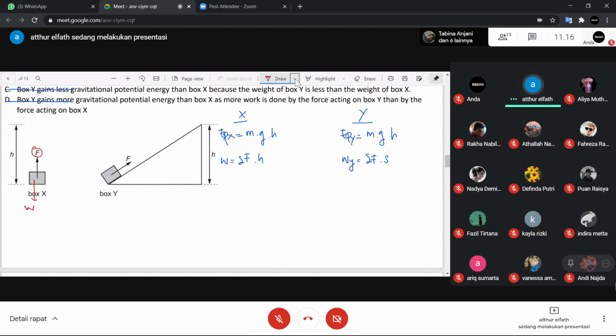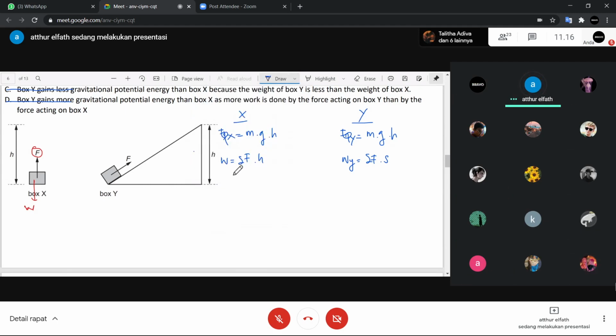So this means you can read here force minus weight force times the height. Meanwhile, for the Y box it is W sin theta. So this means the total, the sum of force, is F minus W sin theta times S. So what is the correct one, A or B?